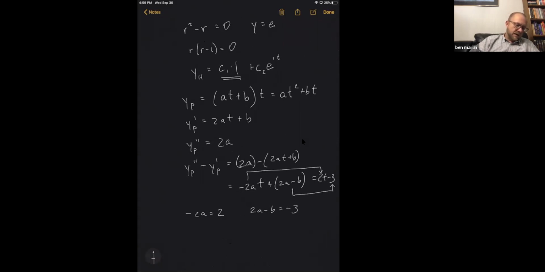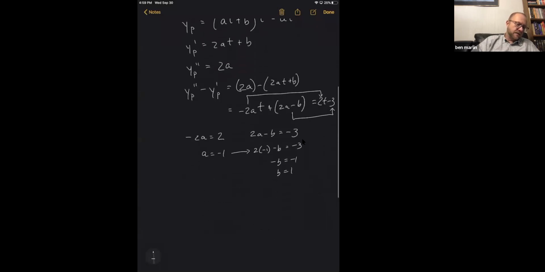Since the minus 2a is equal to 2, a has to be minus 1. So 2 times minus 1 minus b needs to be minus 3. So that says that minus b needs to be minus 1. So b is equal to 1.